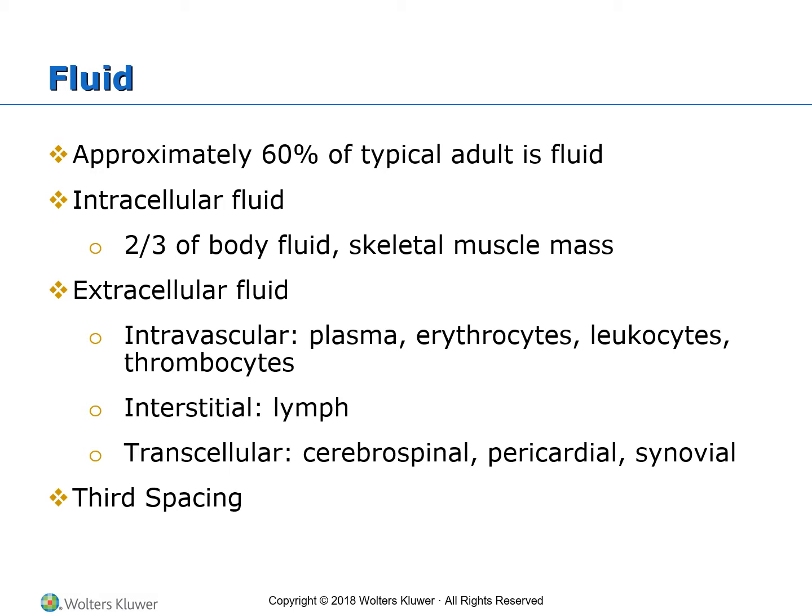Other signs, and we'll go over hypovolemia, but you will have increased heart rate, decreased blood pressure, decreased central venous pressure, edema, increased body weight, and imbalances of fluid intake and output. So whenever you do I&O, you will definitely see a difference.